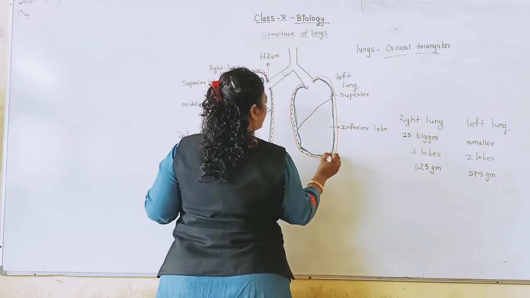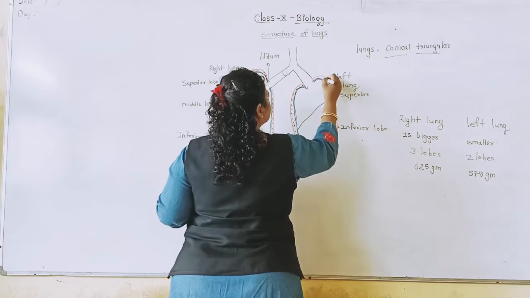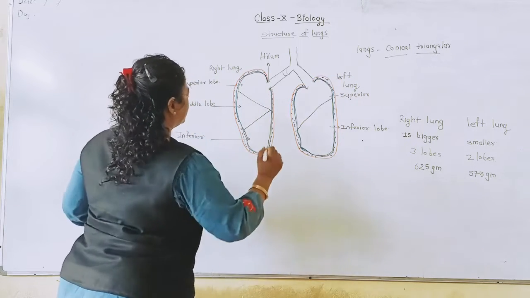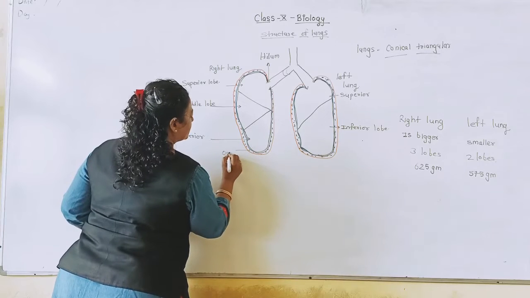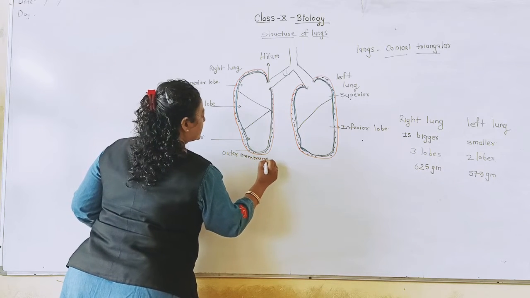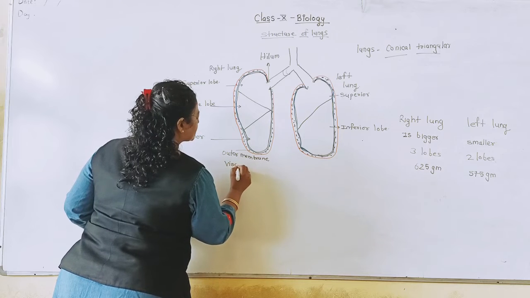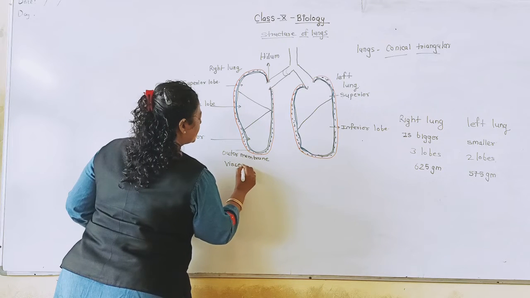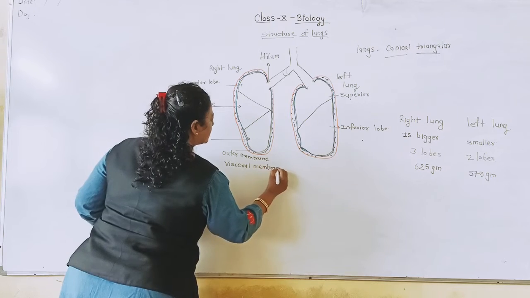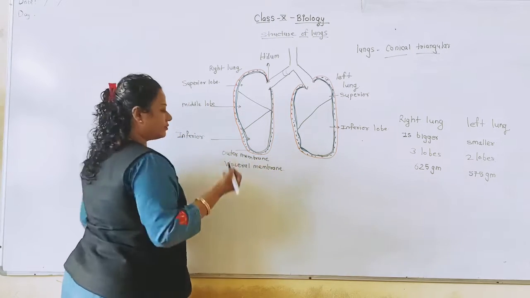Students, you may draw along with me, so it will be easier for you to understand. Okay, students. Now, this outer membrane is called the visceral membrane. This is called what? Visceral membrane.